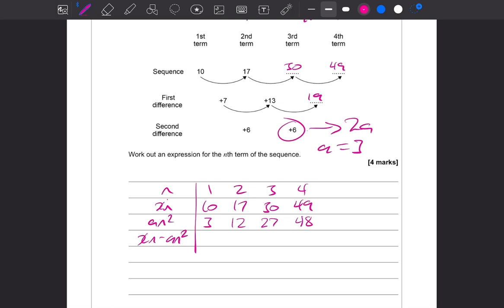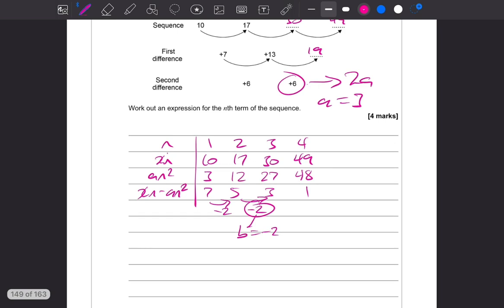And now, if we subtract the third row from the second row, so 10, 17, 30, 49 take away 3, 12, 27, 48, gives us 7, 5, 3, and 1. And this then is going to be a linear sequence, and will actually be the bn plus c. So this is minus 2, so b is equal to minus 2.